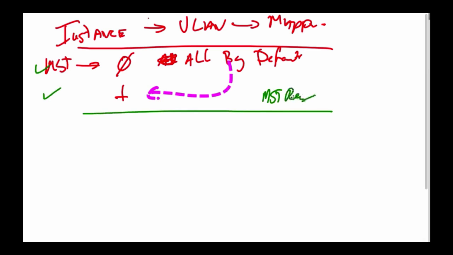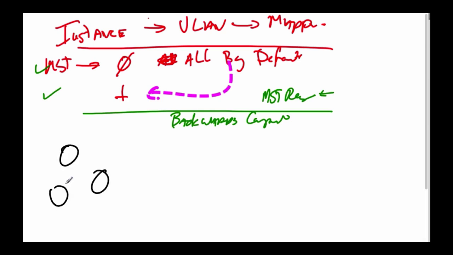The other thing we need to point out is that this is also, just like rapid per VLAN spanning tree, backwards compatible. Let's imagine that we have 3 devices, all interconnected, and another device connected over here.